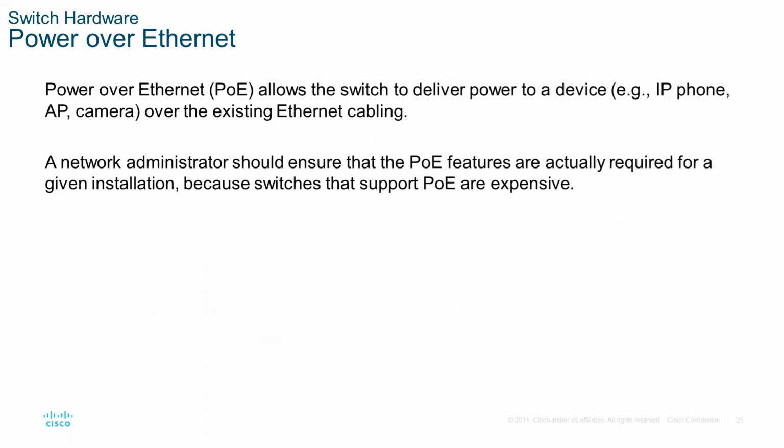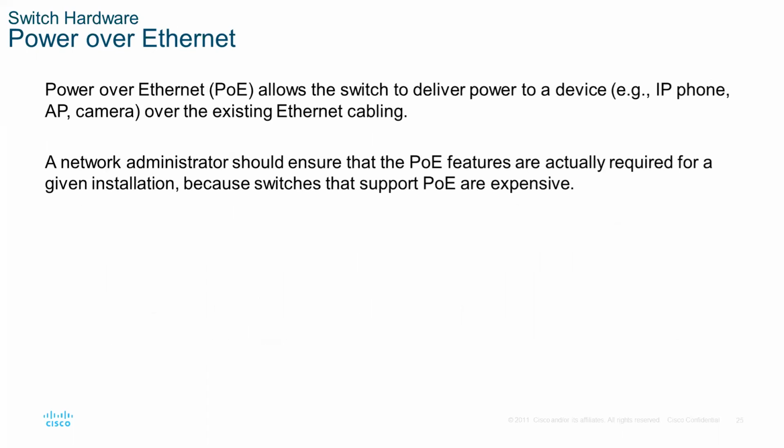Now, when we're supporting voice applications and other things such as CCTV, we need to know whether or not we're providing power over our Ethernet connections. This is becoming more and more the preferred solution, and we need to look at how many ports we can have active.